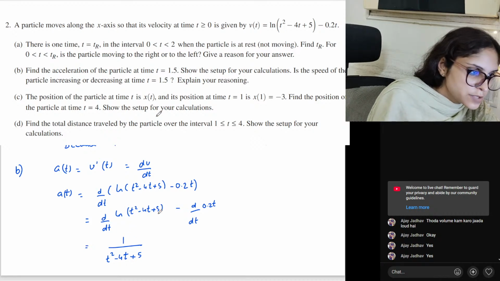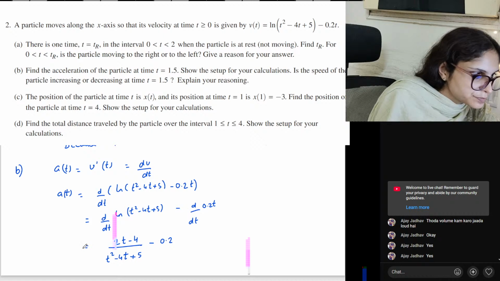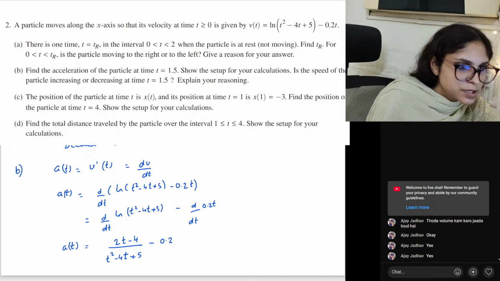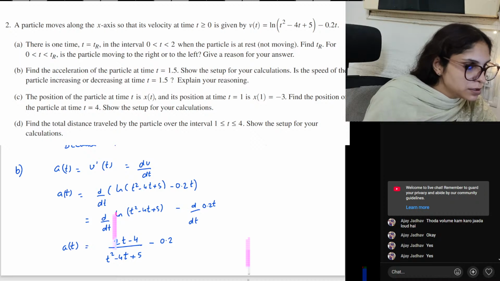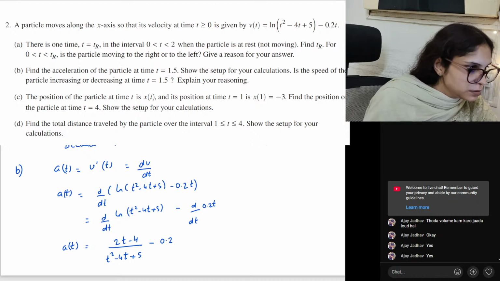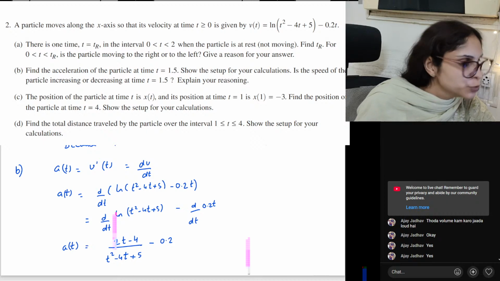Differentiation of t squared minus 4t plus 5 is going to be 2t minus 4. And derivative of 0.2t is just 0.2. So this is the acceleration formula: 2t minus 4 over t squared minus 4t plus 5, minus 0.2.